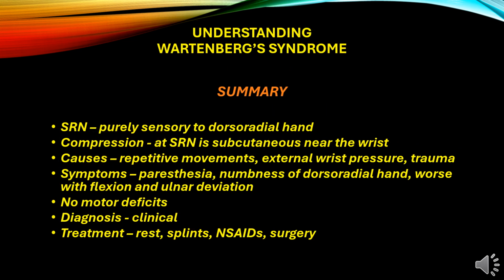So, to summarize this condition, we've learned that Wartenberg syndrome is a rare sensory neuropathy caused by compression or an irritation of the superficial radial nerve. While it primarily results in pain, numbness, and tingling over the dorsal radial aspect of the hand, it does not affect any motor function, making it distinct among nerve disorders. Diagnosis relies on the clinical assessment and is supported by history and physical exams. There is some imaging reserved for complex cases, as I mentioned.